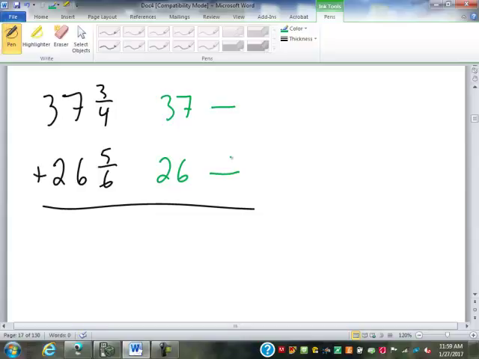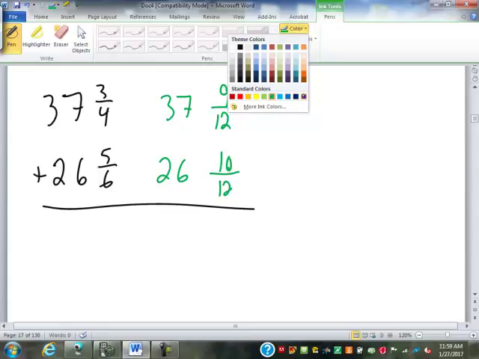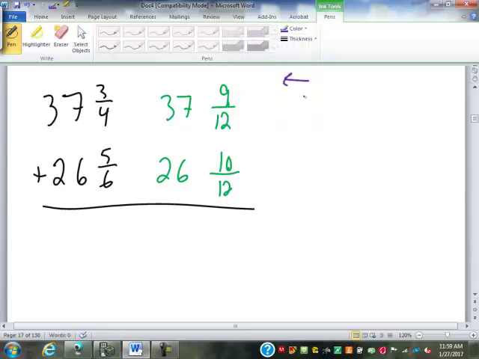Very good. What's this going to be up here? 9. And this one? 10. Good. When we go to add, we're still starting on the right, working right back to the left.